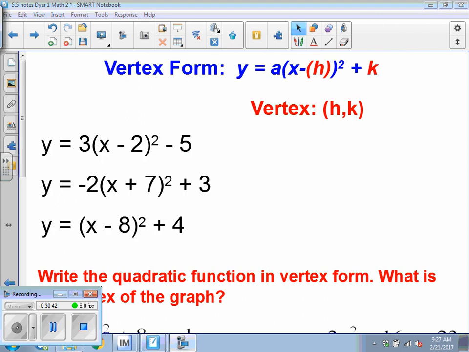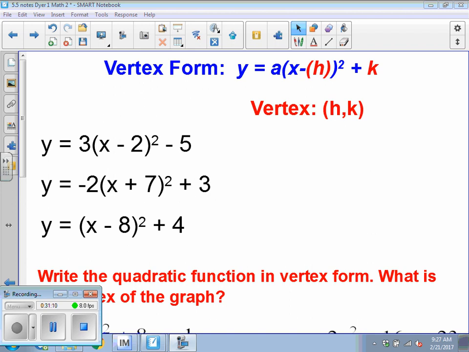All right, so we talked about vertex form. Vertex form is a times x minus h squared plus k. Now, they normally don't put h in parentheses, okay? I just put that so that I can clearly show you that when we pick out h and k, those are the coordinates of the vertex, the maximum or the minimum point for our parabola, the highest or the lowest point in our parabola, okay?